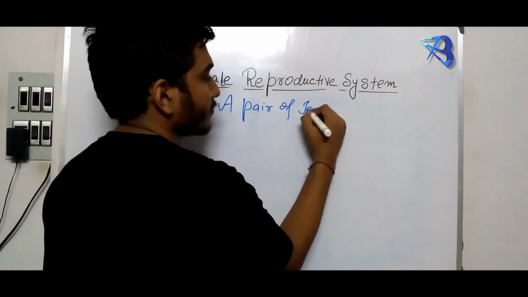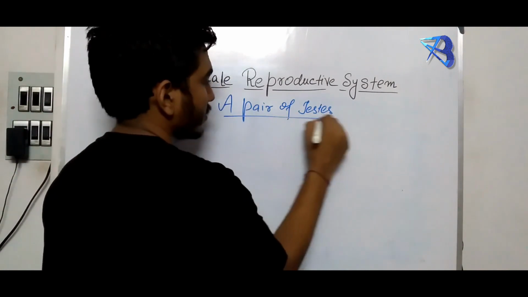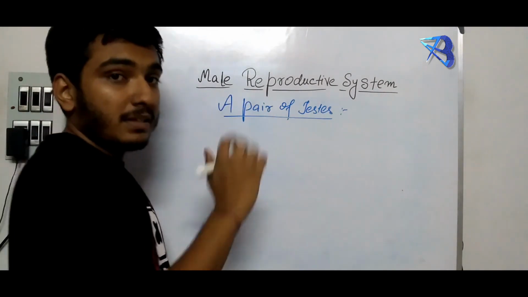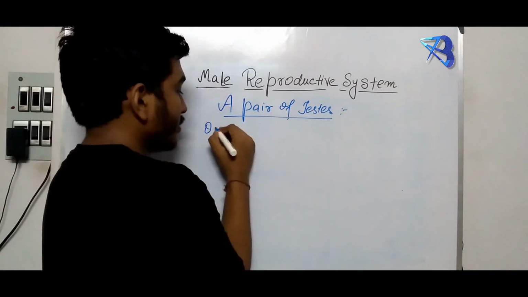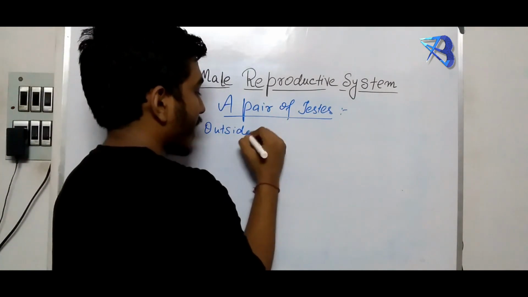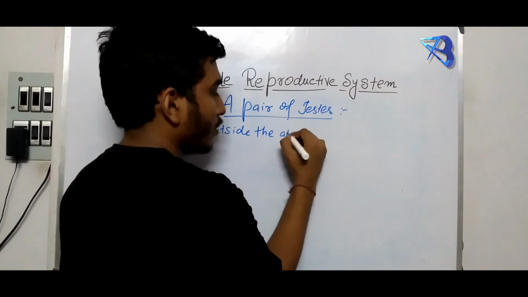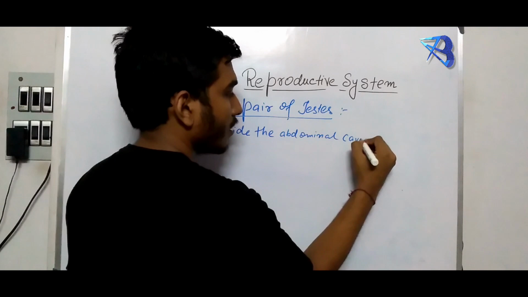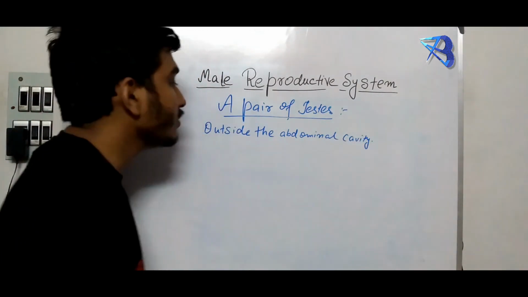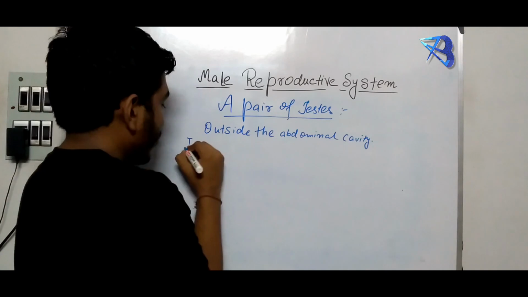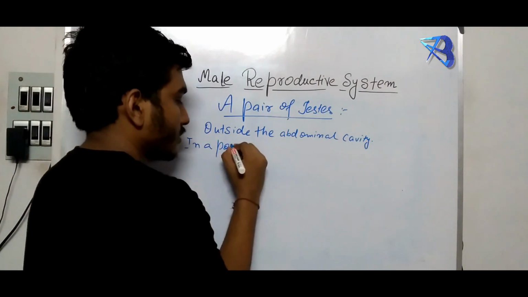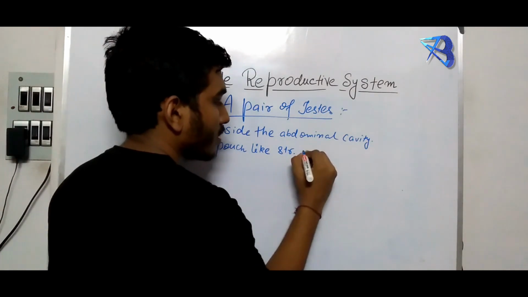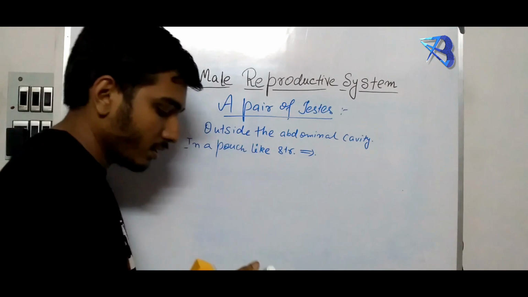The pair of testes is located outside the abdominal cavity, in a pouch-like structure which is called the scrotum.